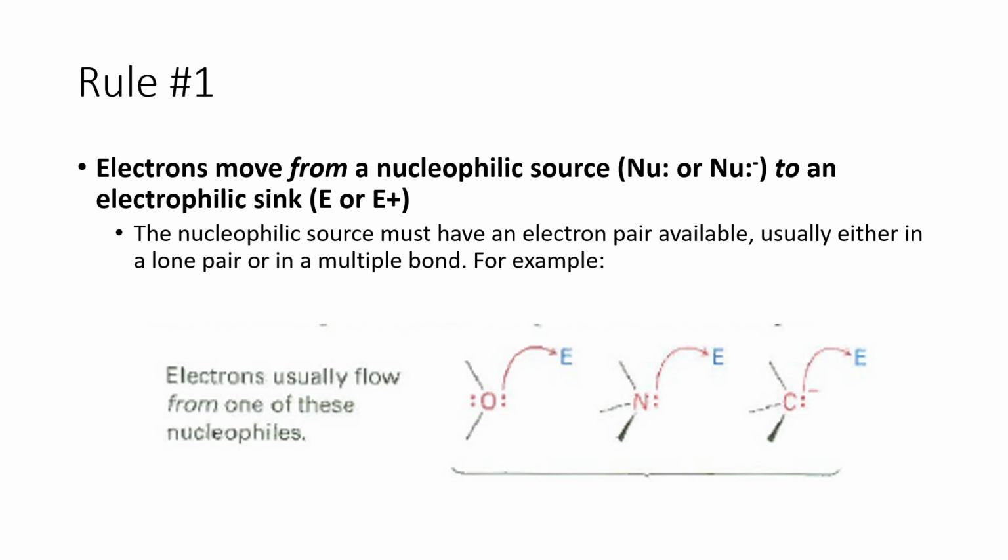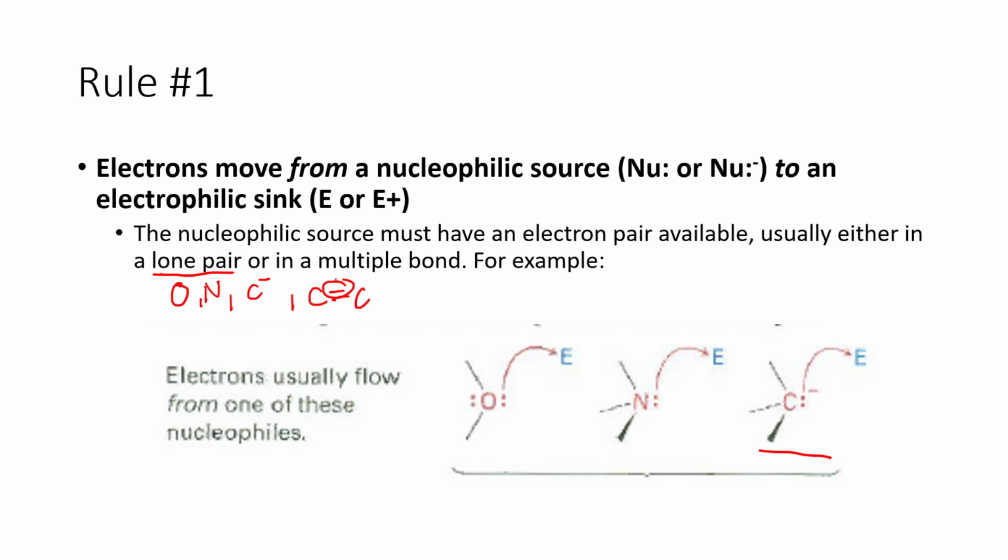A nucleophilic source must have an electron pair available, usually either in a lone pair or in a multiple bond. Take note, lone pairs, like in the cases of oxygen and nitrogen. Also in a carbanion, that is possible too. Or in a multiple bond.